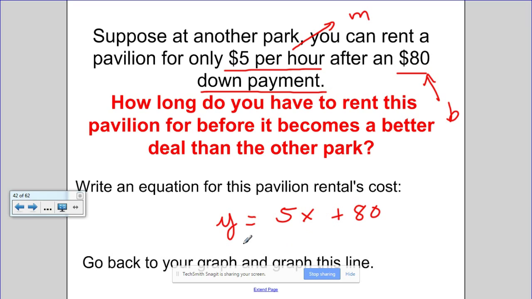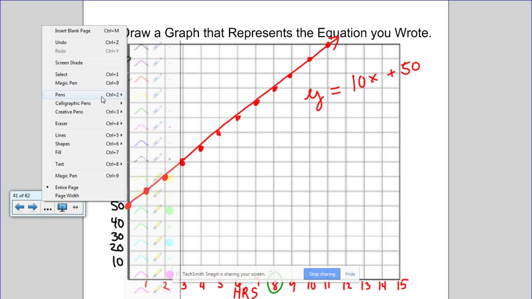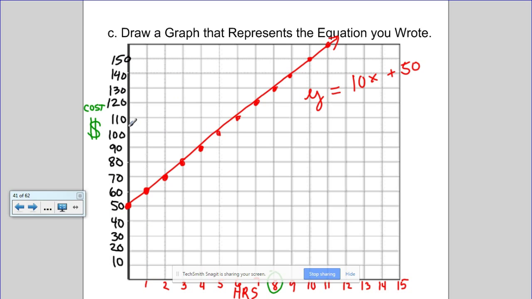Now we're going to graph 5x plus 80 and see how these things differ. Let me get out a different color. I'll call it purple right now. At hour 0, it's going to cost us $80. But at hour 1, it's only going to cost us $5 more. So I'm going to put a little dot right here at 85.